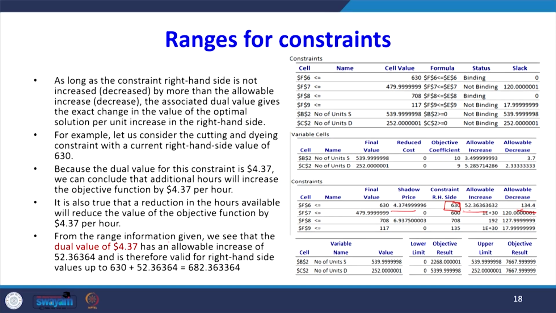From the range information given here, we see that the dual value of $4.37 has an allowable increase of 52.36. This 4.37 is valid for right hand side values up to 630 plus 52, that is 682.36. Even if from 630 you add more resources up to 682.3, your dual value will remain the same. But if you go for, say, 683, your dual value will change. That is the interpretation of this.